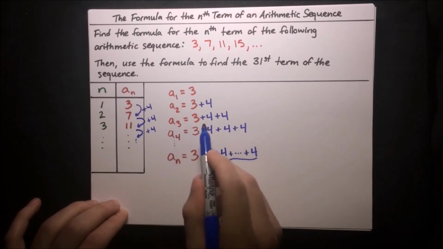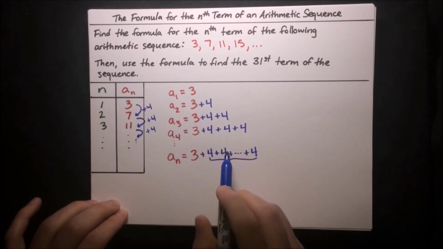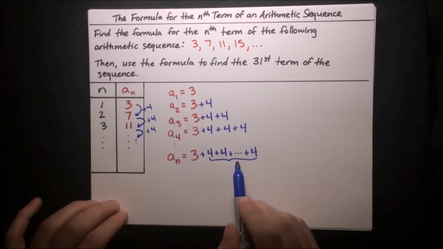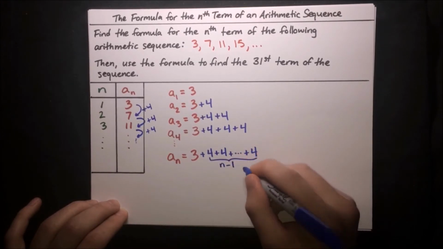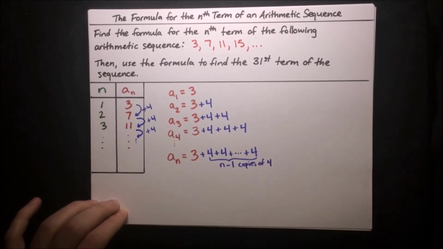When it was a3, we had two 4s. When it was a2, we had a single 4. So basically, we just need to subtract 1 from the subscript of the a, and that tells us how many 4s we have. So for an, we should have n minus 1 copies of 4, n minus 1 4s being added together.